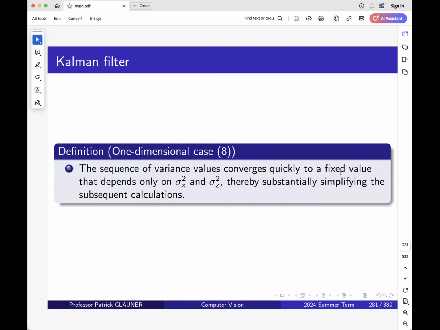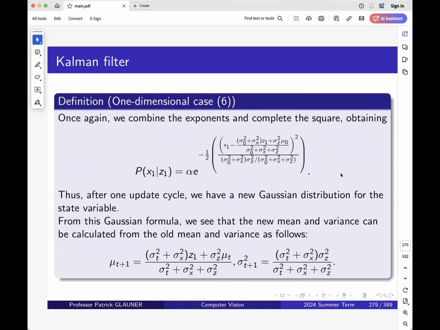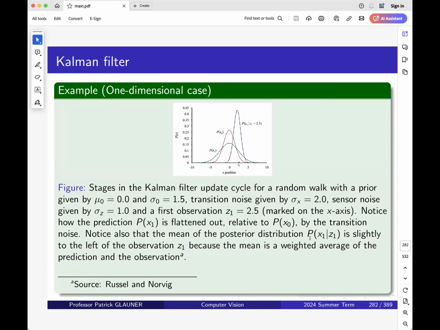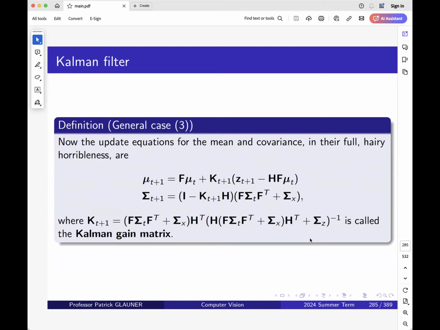And the key insight before was this one here, where the new mean and the new variance only depend on the old mean and variance. And this also holds true in the generalized Kalman filter when you work with matrices. Your task would be to define these variances depending on your setting, your sensors.